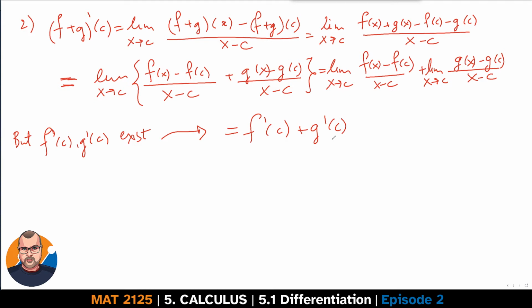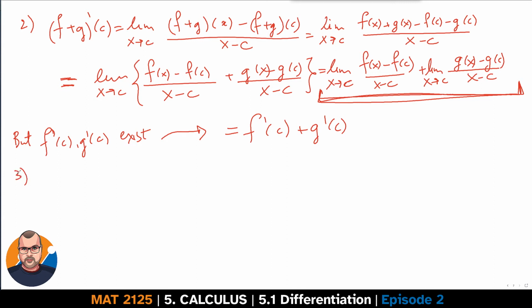It's crucial that, in order to be able to write this, our theorem on the limit of a sum requires the limits of each of the terms to exist. If we do not have that as an assumption, we can't conclude that this limit here exists.